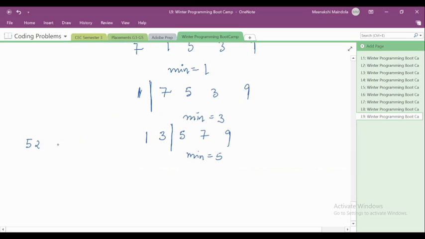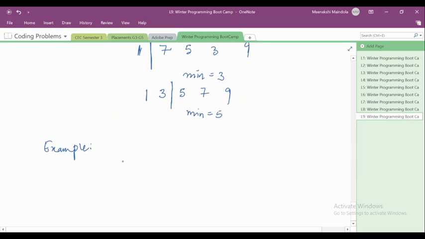So let us consider another example, and we are going to see how selection sort is going to work on this. Let us say I have this array, 52. Let me write this down here. So let us say you have another example. Please tell me what is going to be the array after every iteration. You should give me the output of the array.